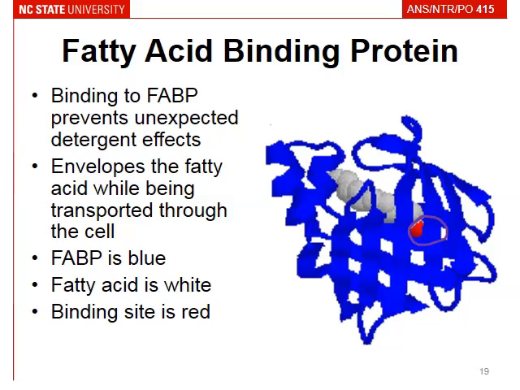So our blue is our fatty acid binding protein, our white is our fatty acid, and this is binding at the hydroxyl group to keep it from interacting. So this is preventing any detergents from forming. We have to have the free fatty acid, or the non-esterified fatty acid, bound to this fatty acid binding protein to prevent detergents.